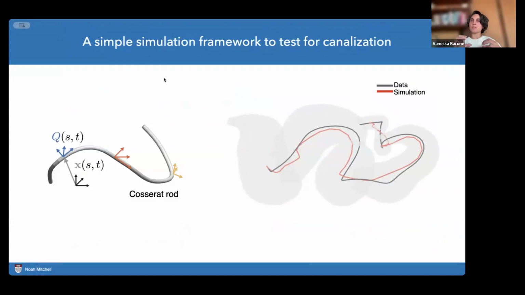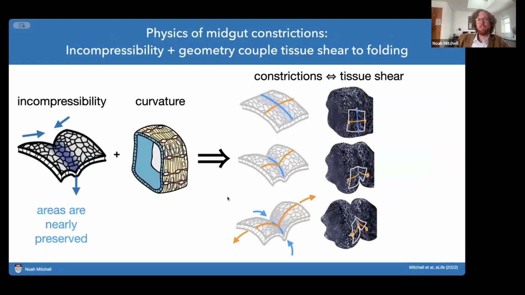But when you have this muscle that constricts, these constrictions are kind of insane, right? They're huge, very dramatic. And you elongate extraordinarily much along the longitudinal axis as it bends. I can show you a picture of that if you want. So this incompressibility plus initial curvature gives you incredible strains in the circumferential direction.